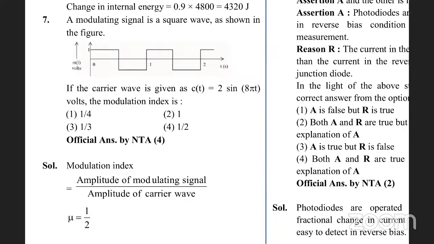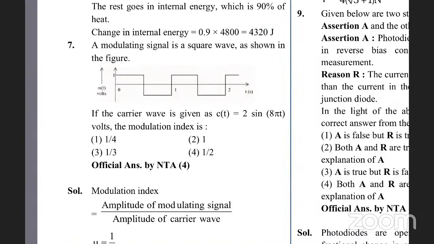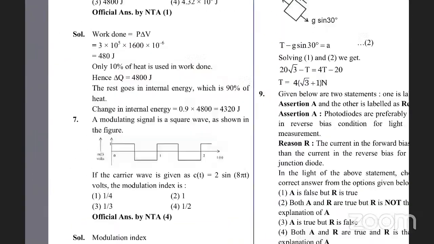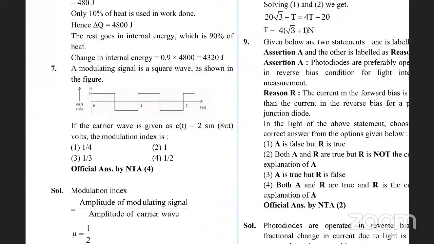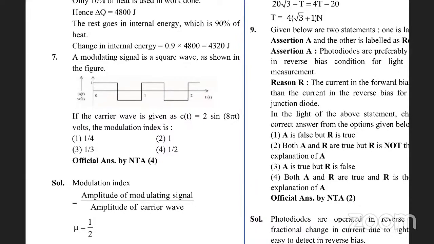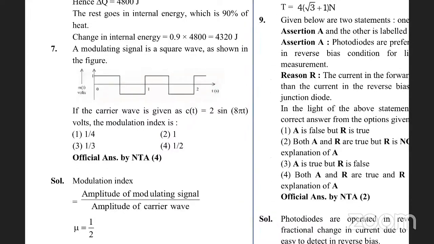Look at here. Seventh one. A modulating signal is a square wave as shown in figure.